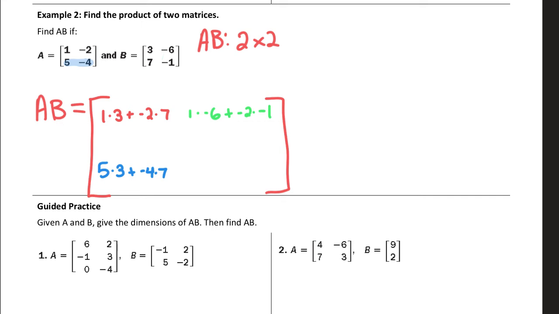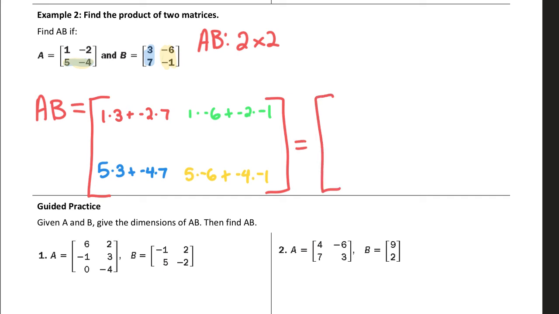And then to get my last element, I take that second row and I multiply it by the last column of this second matrix. So that's going to be 5 times negative 6 plus negative 4 times negative 1. So it's multiplying rows by columns and adding them together, all right? So each element being multiplied and added together.